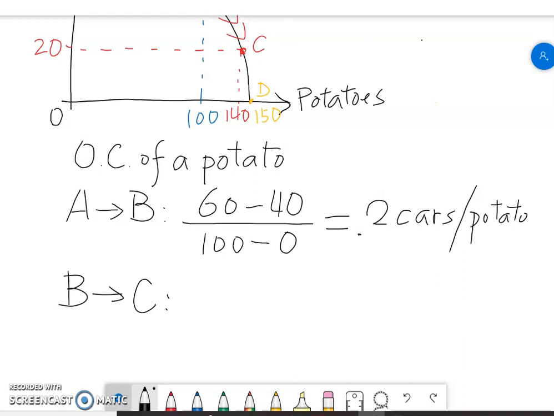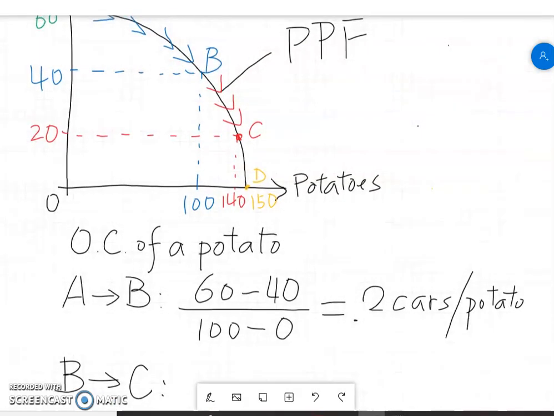Now here we know that from B to C, the economy gives up another 20 cars, right? Because it used to produce 40. I'm sorry, it used to produce 40 cars at B. Now it only produces 20 cars at C. During the same process, it gains 40 potatoes.